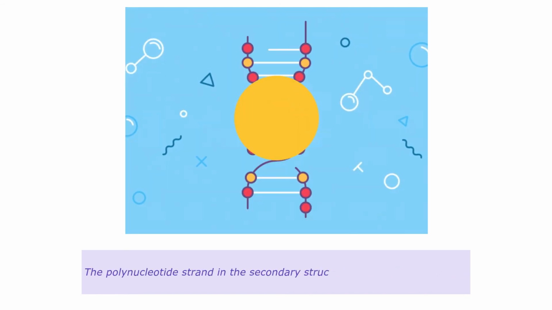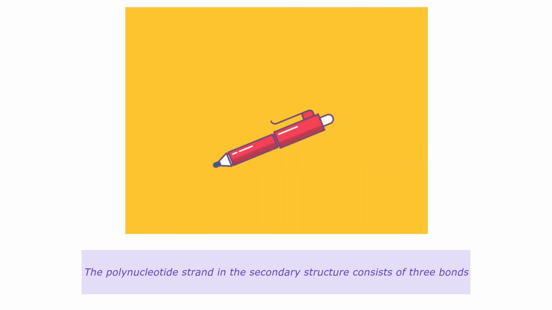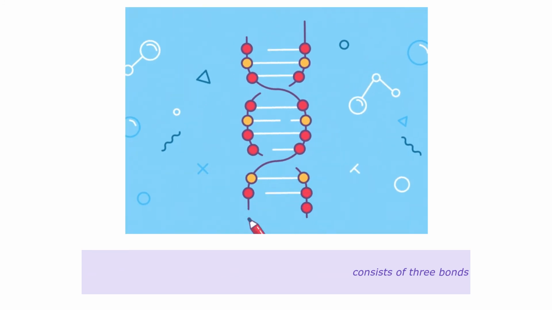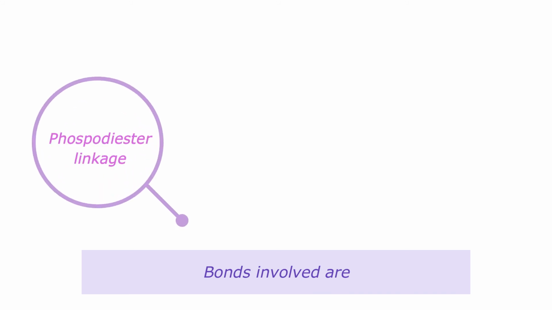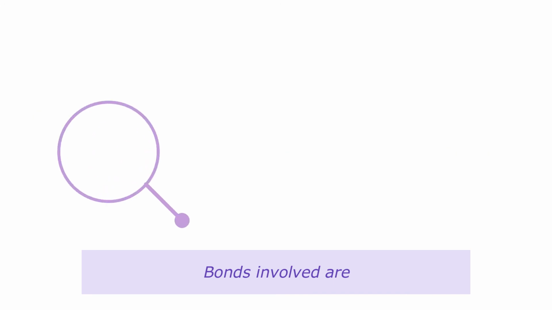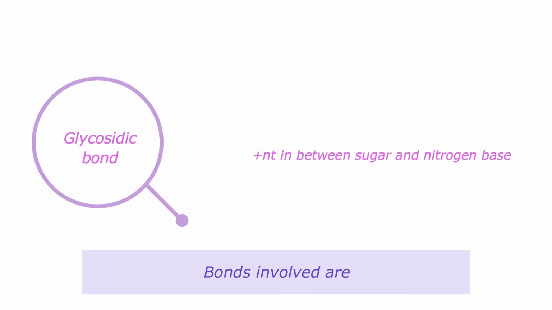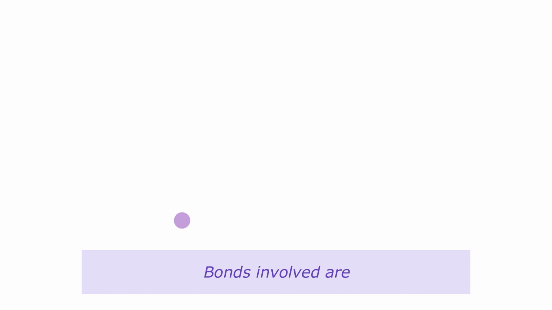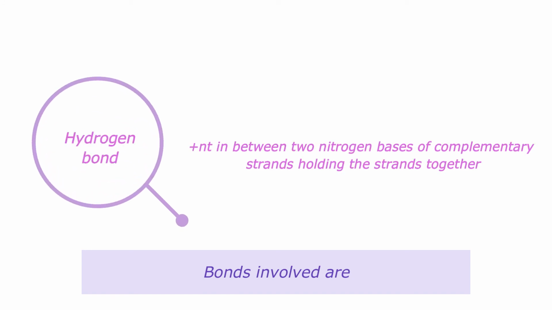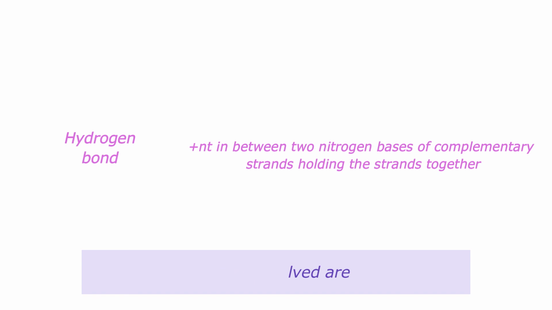The polynucleotide strand in the secondary structure consists of 3 bonds. Bonds involved are phosphodiester linkage present in between 2 molecules of nucleotide, glycosidic bond present in between sugar and nitrogen base, hydrogen bond present in between 2 nitrogen bases of complementary strands, holding the strands together.